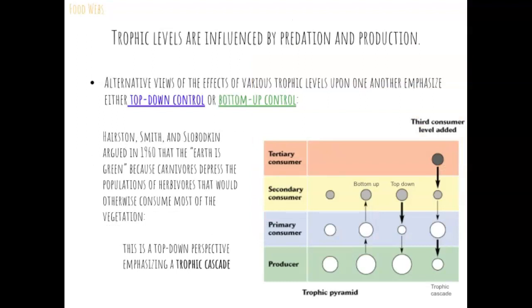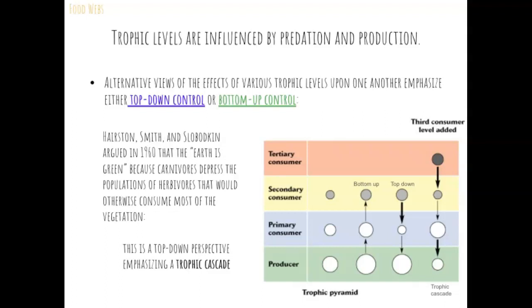Within a community, the different trophic levels are influenced by both predation and production. So there are two alternative views for the effects of various trophic levels on one another, and those emphasize either top-down or bottom-up control. So bottom-up control would be where you have your biodiversity and the stability of your ecosystem determined by the producers.